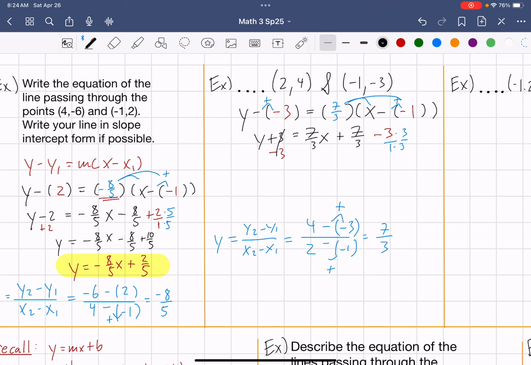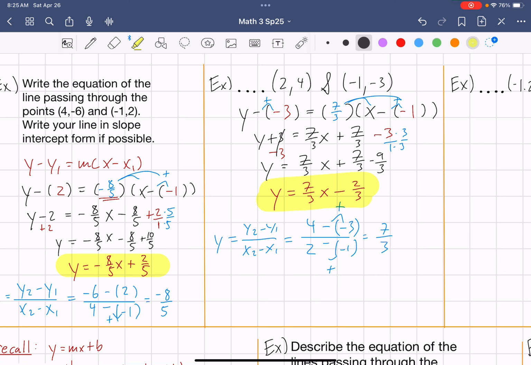So that's going to give me y is equal to 7 over 3 x plus 7 over 3 minus 9 over 3. And that simplifies to y equals 7 over 3 x plus 7 minus 9, and we keep the sign of the bigger number, so it's going to be negative 2 over 3. And that is our line.